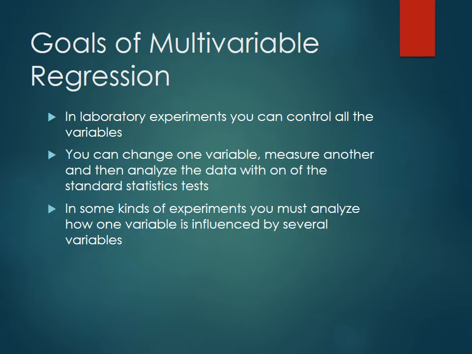But in a laboratory experiment, you can change one variable, measure another, and then analyze the data with some statistical tests. And very frequently you want to be able to see how one variable is being affected by multiple other ones. So, for instance, we're going to look at something like lead concentration on decline in renal function, right?